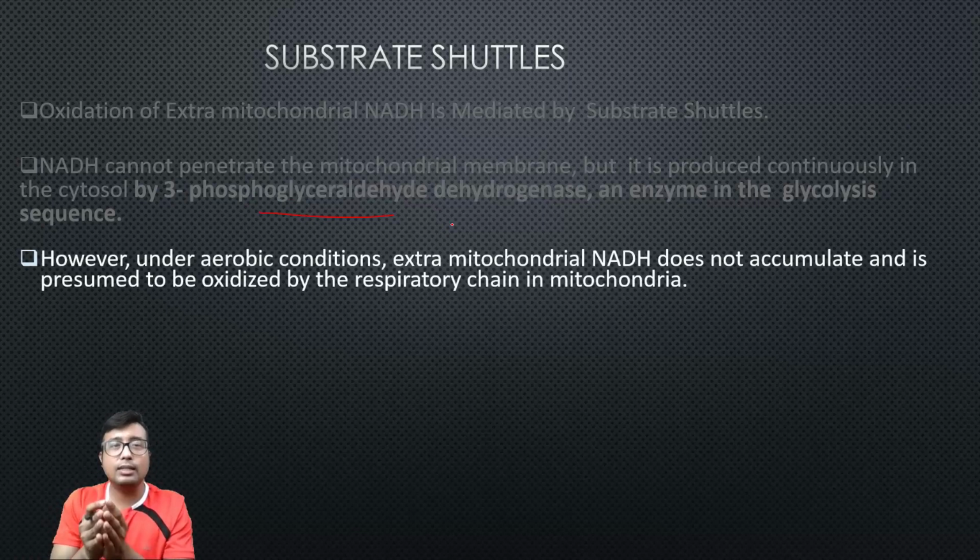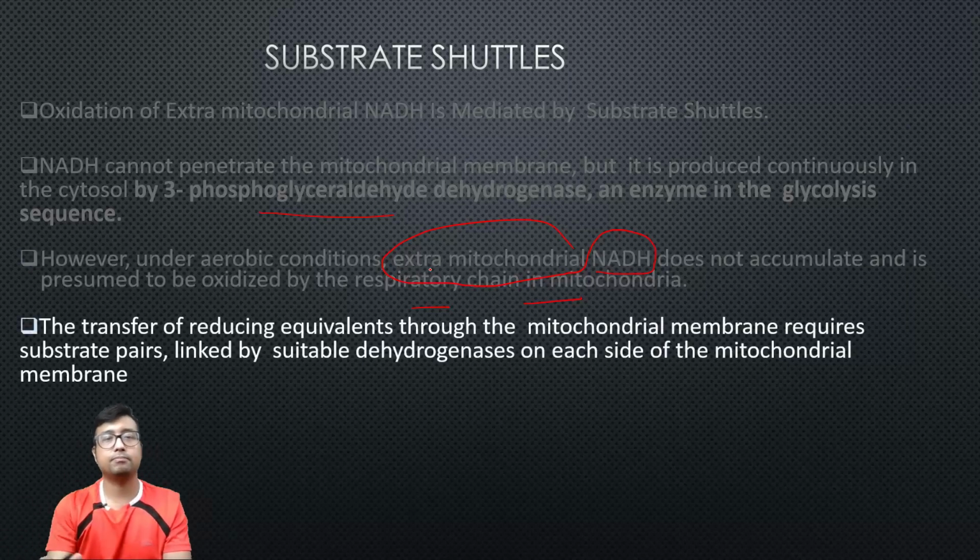Under aerobic conditions, as I told you, this extramitochondrial NADH does not accumulate, and is presumed to be oxidized by respiration in the mitochondria. When oxygen is in plenty, every bit of reducing equivalent is oxidized and ATP is produced. So how do they get in?